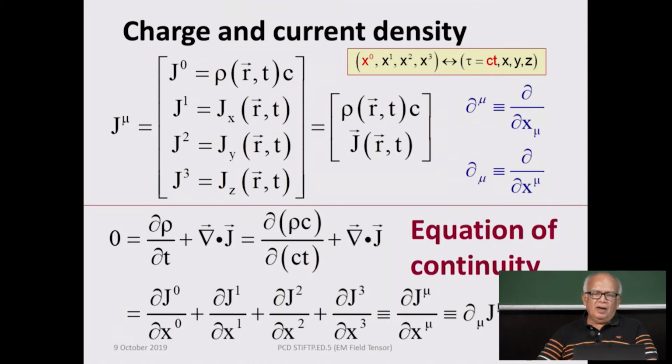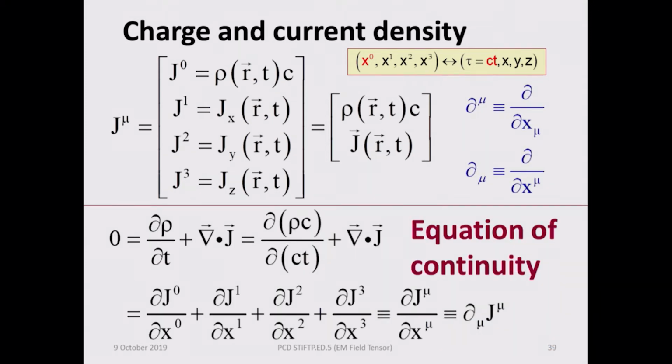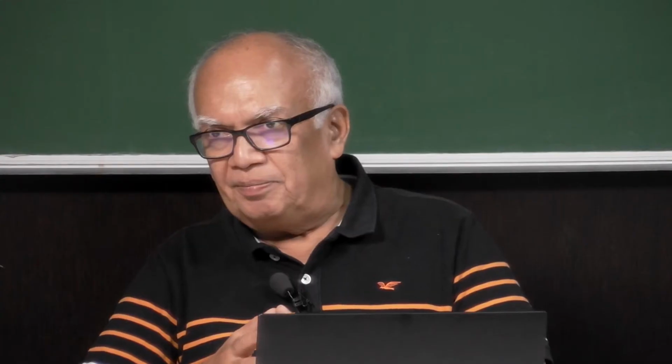Okay. And you can see that if you take the derivatives del rho by del t plus del dot j, what do you get? You essentially recover the equation of continuity. So, the equation of continuity is right there in this relation.